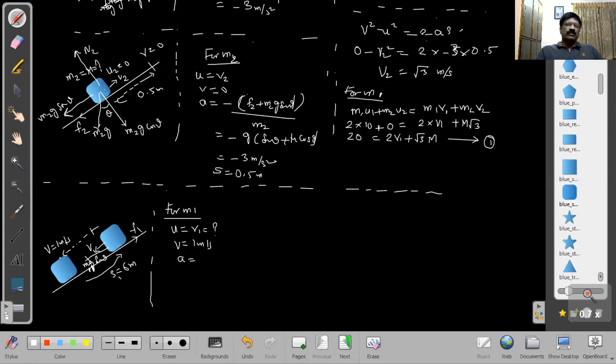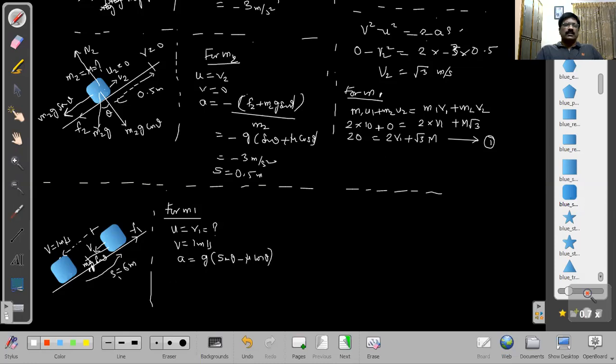in the opposite direction. So in this case, net acceleration is (m1 g sin theta minus f1) divided by m1. F1 means m1 g cos theta. If you simplify them, you will get a = g(sin theta minus mu cos theta).